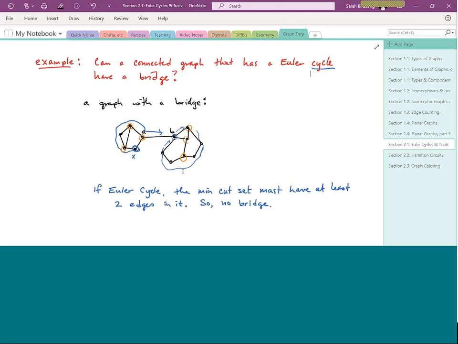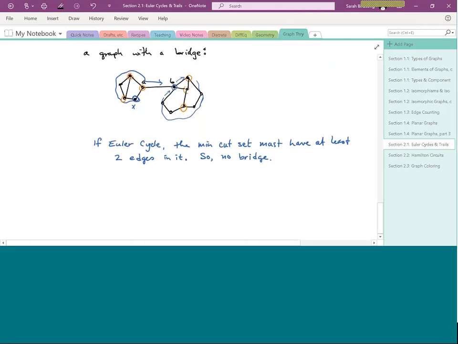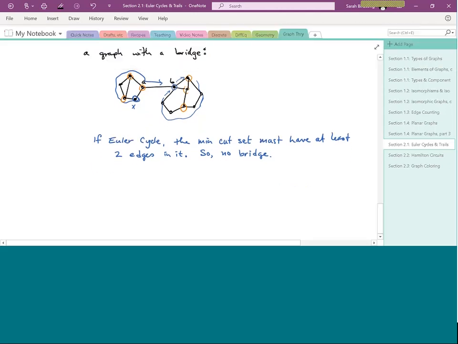Yes, so let me go ahead and draw that example. You mean something like this. Are you thinking of that as the entirety of the graph?